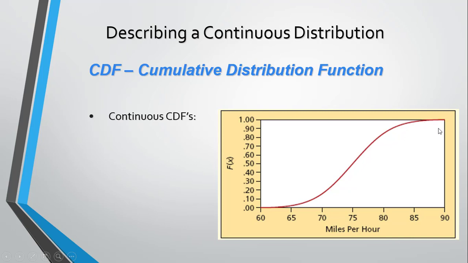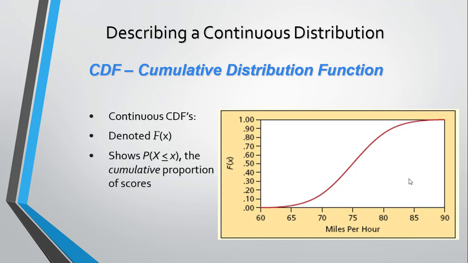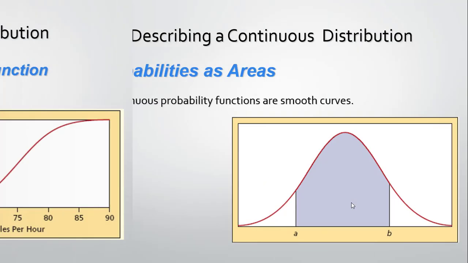That's the cumulative distribution function, denoted as capital F(x), and it shows the probability that x is less than or equal to small x. That's the cumulative proportion of scores in this case, and it's very useful for finding probabilities.